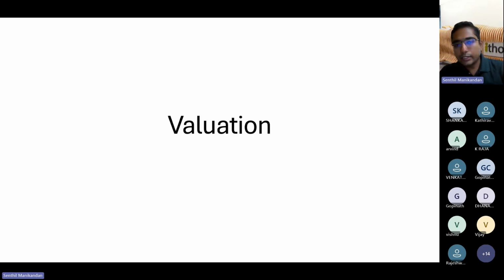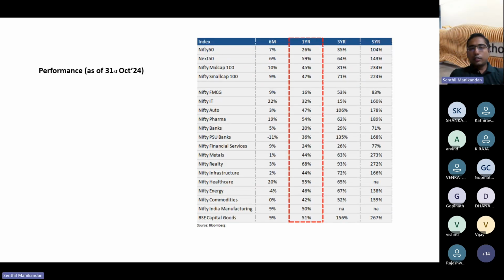So moving to the last section on valuation, first we look at the performance. If you take 1 year, 3 year, or 5 year, we have seen a broad-based, huge outperformance by small and mid caps versus the large caps.